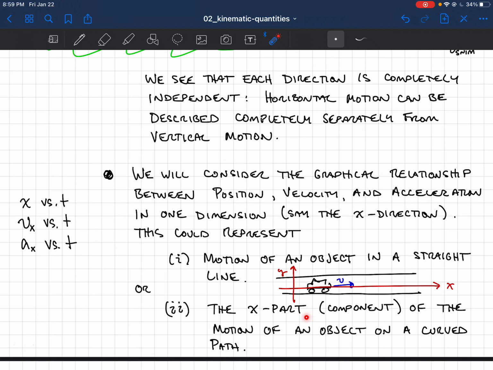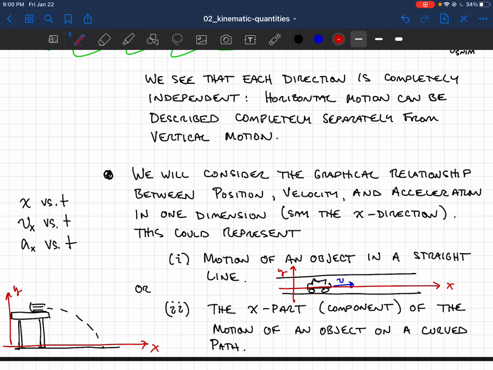We could just look at the x part of the motion. So in fact, you could look at, for example, if you throw a book off of a table, so here's our book, and it's going to take some trajectory that looks like this, well, we could just be talking about, for example, the y position of the book over time without even thinking about the x position.